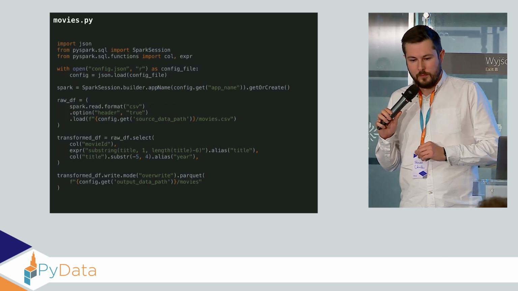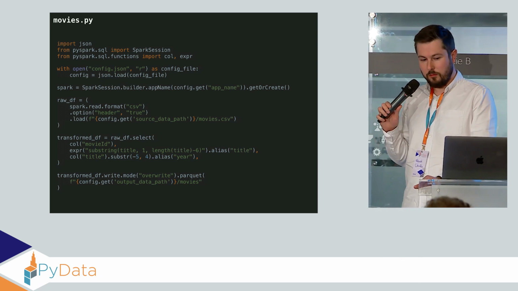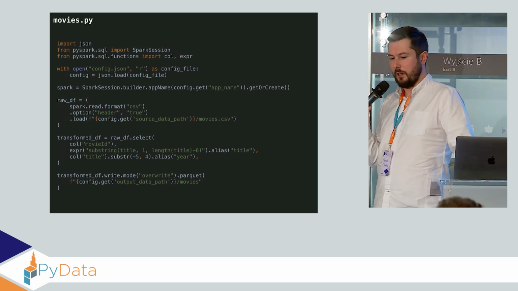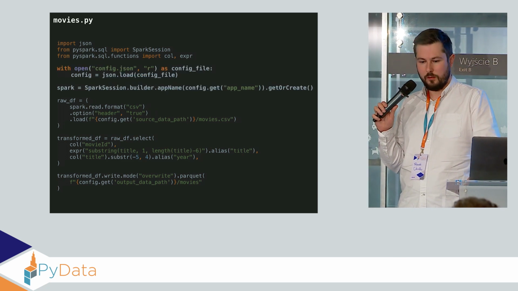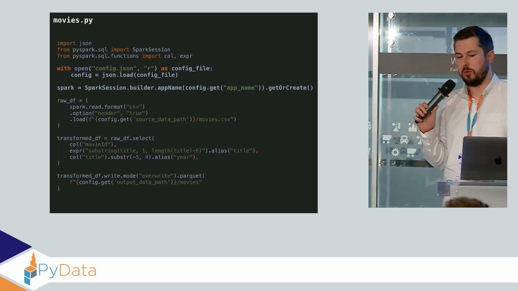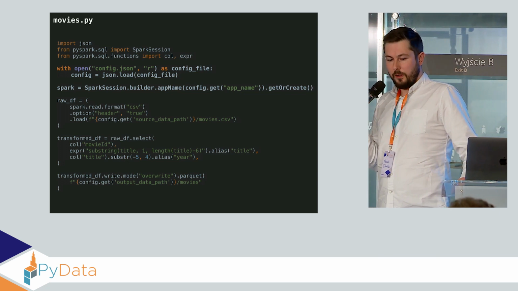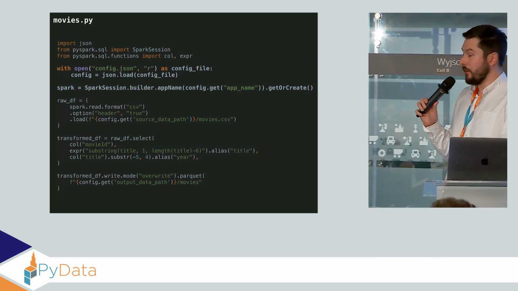Okay. So again, going back to our movies file, now we can see that we have a lot of duplicated code in this file, especially this boilerplate code at the top of the file where we create a config object and a Spark session.